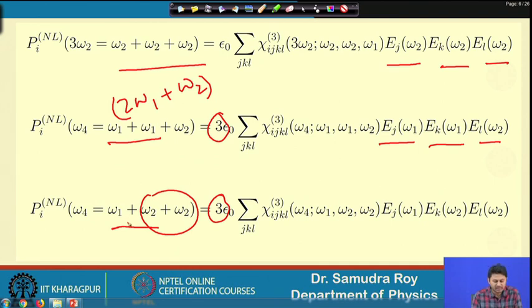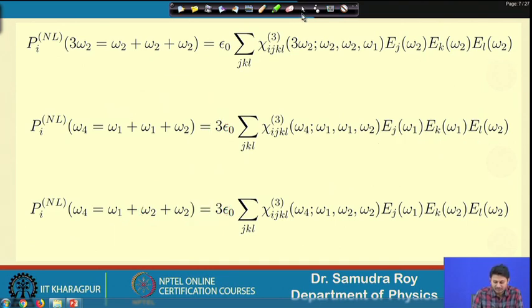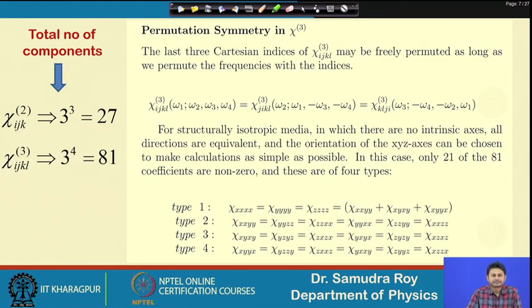So, 2 same fields and 1 different field, that means a degeneracy factor 3 will be multiplied here if I want to calculate the nonlinear polarization of this frequency. So, in this way we will calculate this. Please remember this because we are going to use this in some future classes.